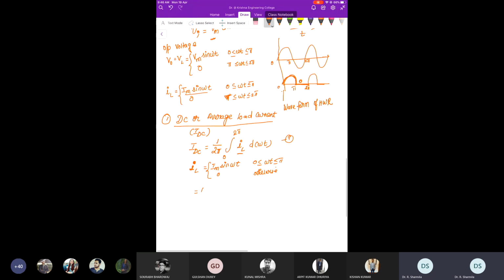So you will get 1 by 2 pi. From 0 to pi, your value is Im sin omega t, d of omega t, plus from pi to 2 pi, the value is 0, so 0 into d of omega t. 0 into anything is 0.